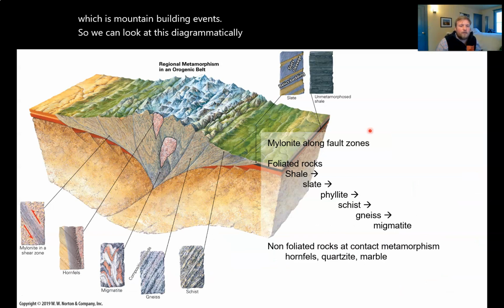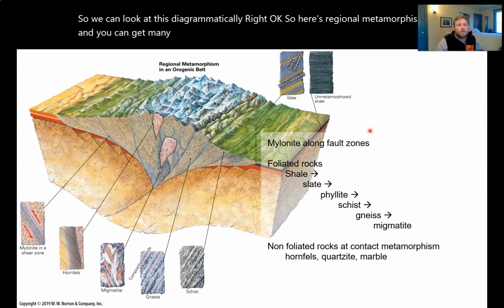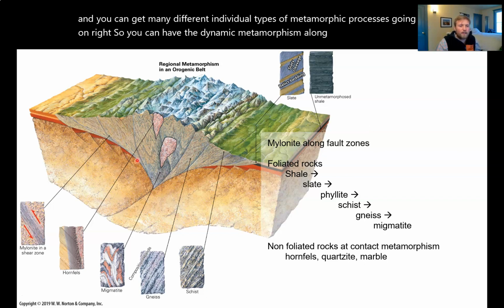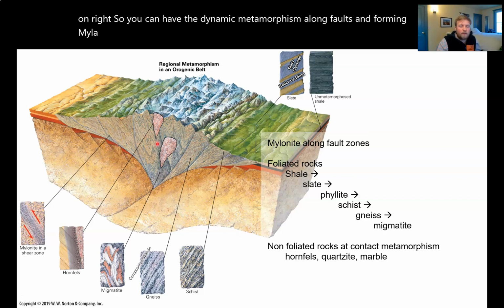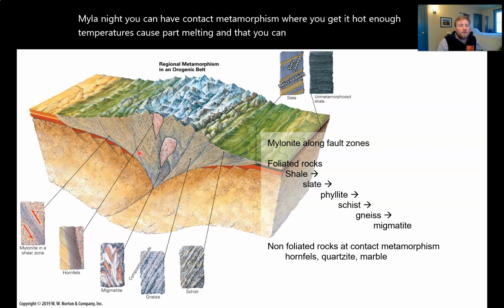Okay, so here's regional metamorphism, and you can get many different individual types of metamorphic processes going on, right? So you can have the dynamic metamorphism along faults and forming mylonite. You can have contact metamorphism where you get hot enough temperatures to cause partial melting, and that can cause things like hornfels and quartzite.